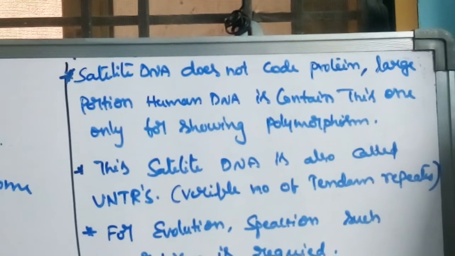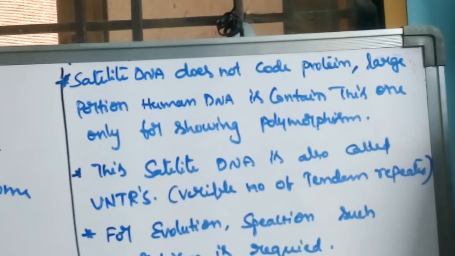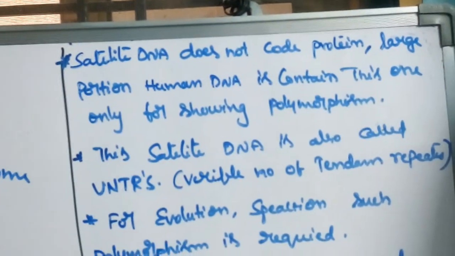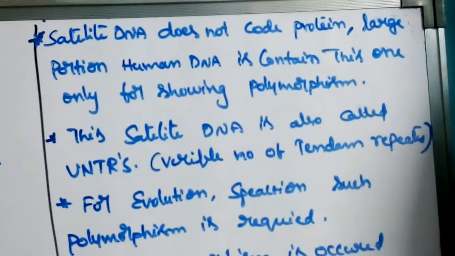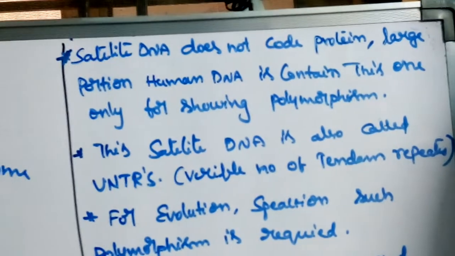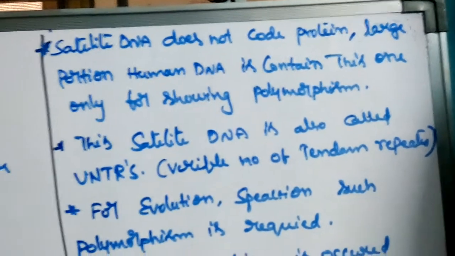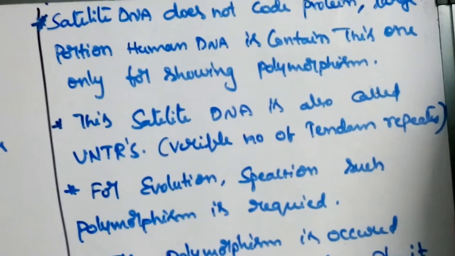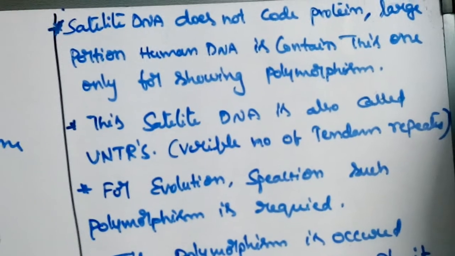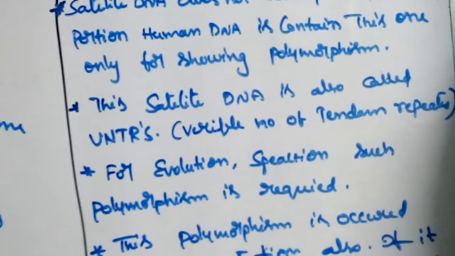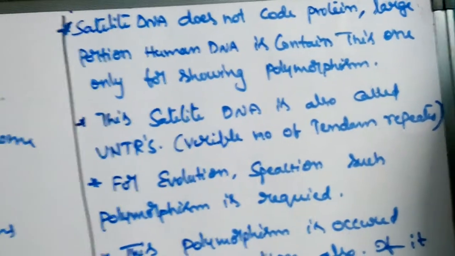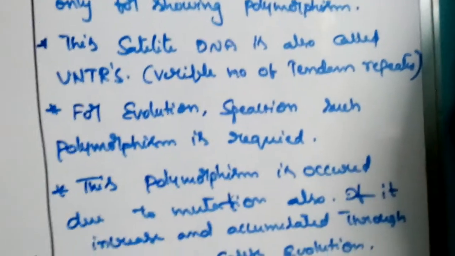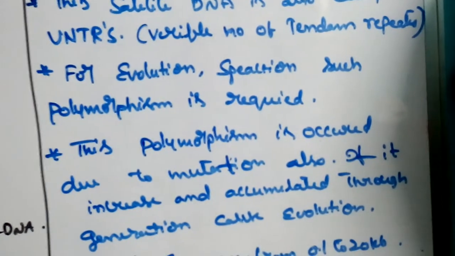So what is the role of satellite DNA? Satellite DNA does not synthesize protein; it mainly plays a role in polymorphism. Satellite DNA is also called variable number of tandem repeats, because in these repeated DNAs, tandem means repeats, and variable means the number is differently present. That's why we call it VNTRs. The use of VNTRs is in evolution, species formation and polymorphism, and it occurs due to mutation.